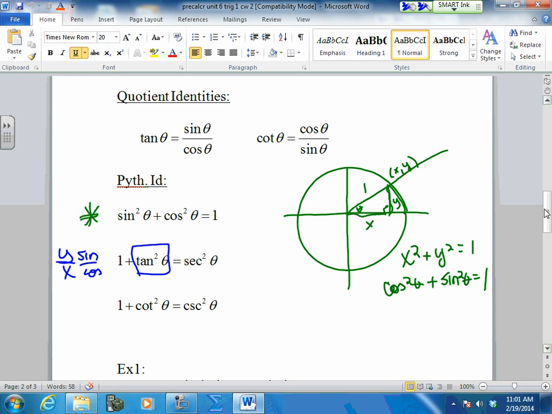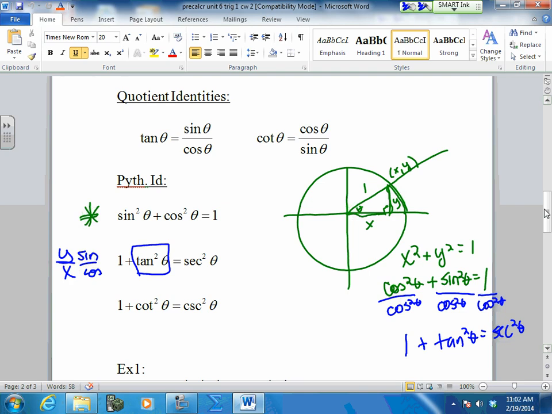So if I come over here and I divide this by cosine squared, it's an equation, so I have to divide everybody by cosine squared. Cosine squared over cosine squared is 1. Sine over cosine is tangent. If it's squared, it stays squared. And 1 over cosine is which one? Secant. There's your other identities.